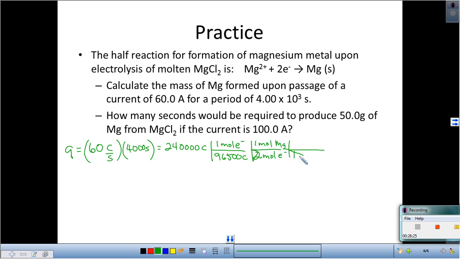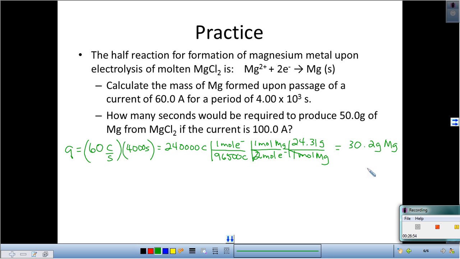And then we know 1 mole of magnesium is 24.31 grams. And so you go through and you do all the math, and you get 30.2 grams of magnesium. We need 2 sig figs because our numbers both had 2 sig figs.